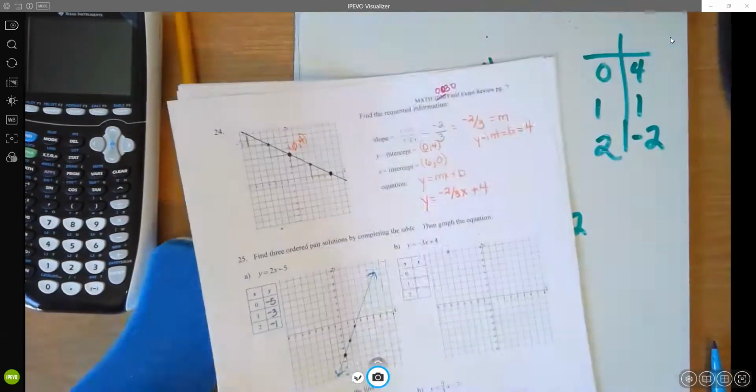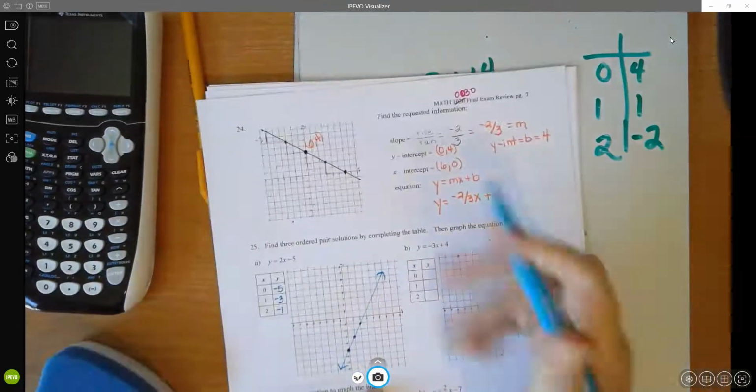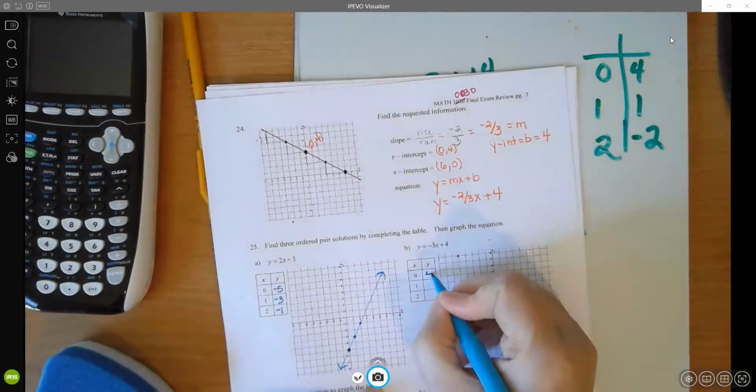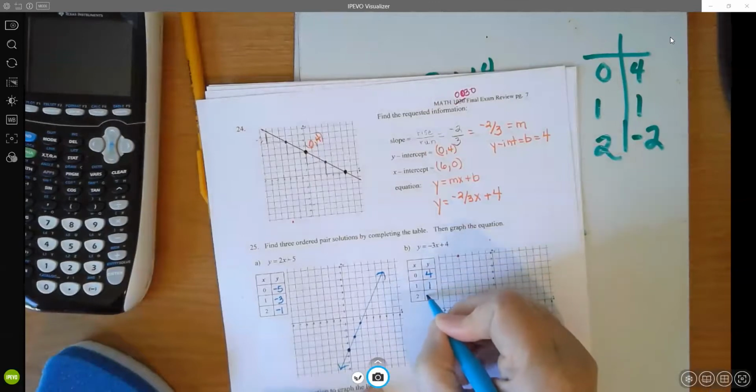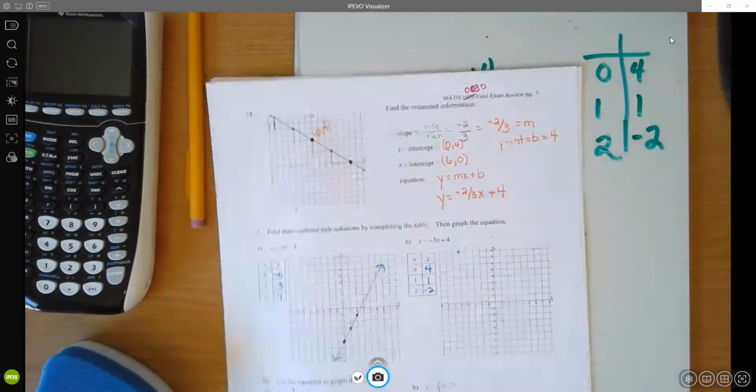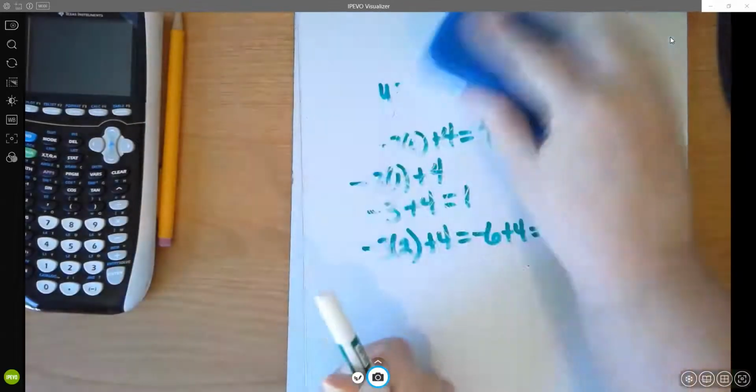And so I'm going to transfer those numbers: 0, 4, 1, 1, 2, negative 2.